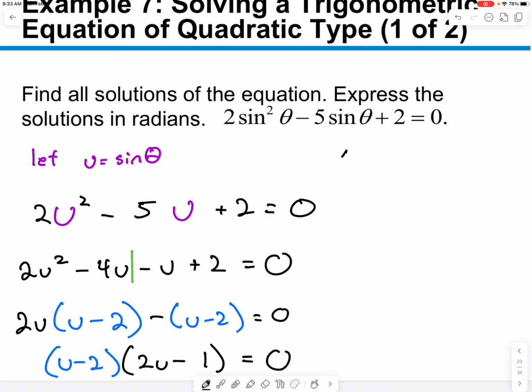Okay, so then by the zero factor property, u equals 2 or u equals 1/2. Okay, so let's back substitute.